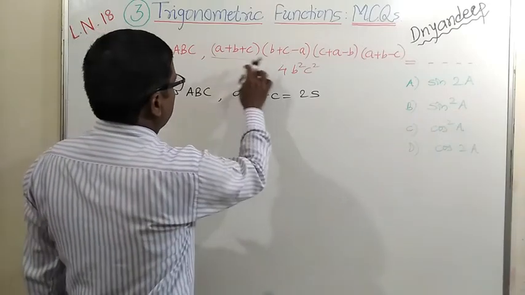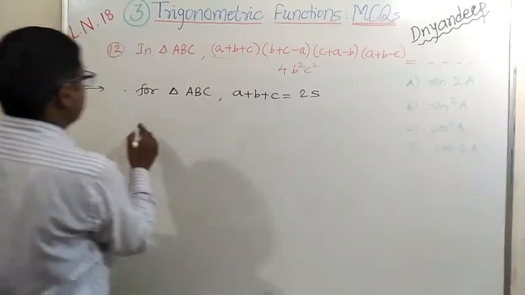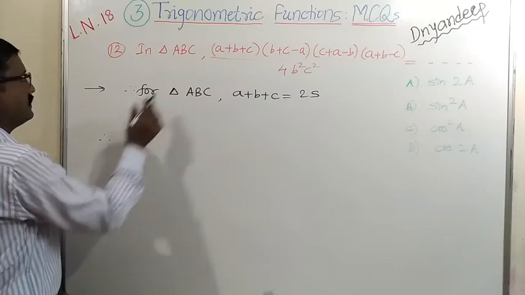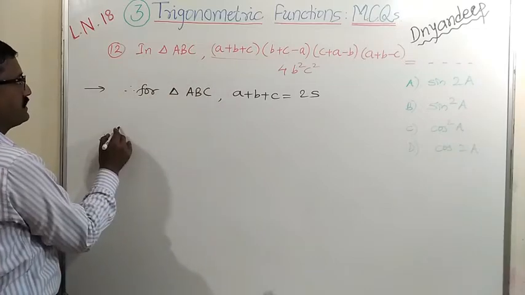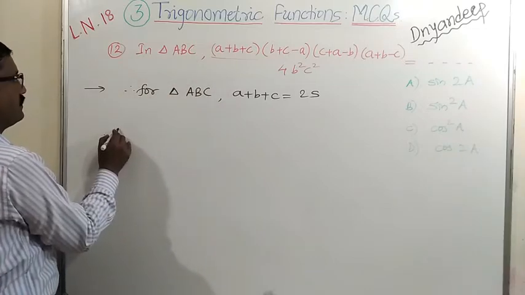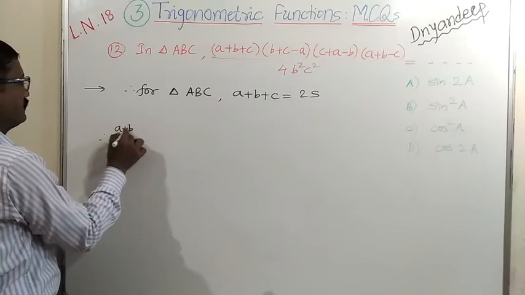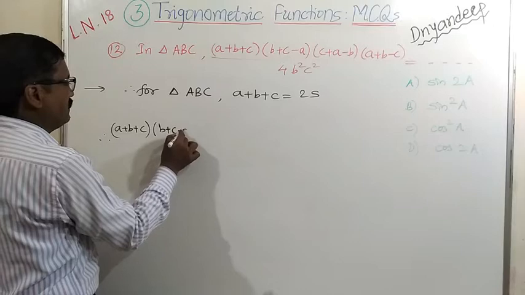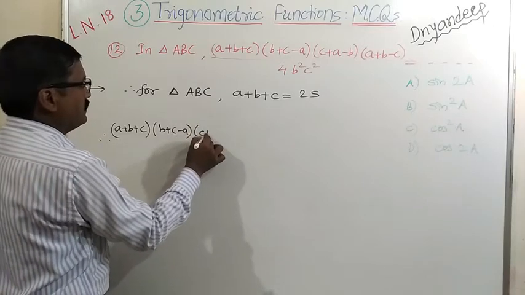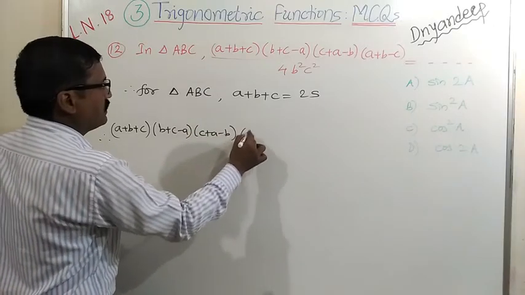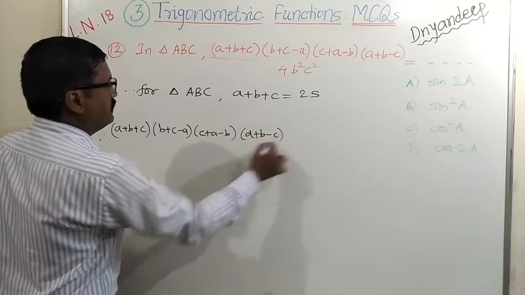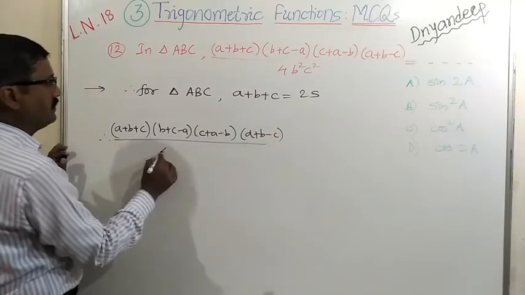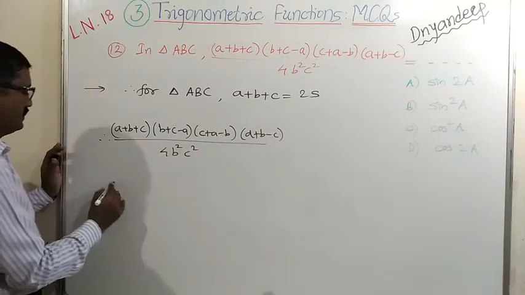Therefore, a + b + c is equal to 2s. Therefore, let us write the expression, that is (a + b + c) in the first bracket, in the second bracket (b + c − a), (c + a − b), (a + b − c), whole divided by 4b²c².